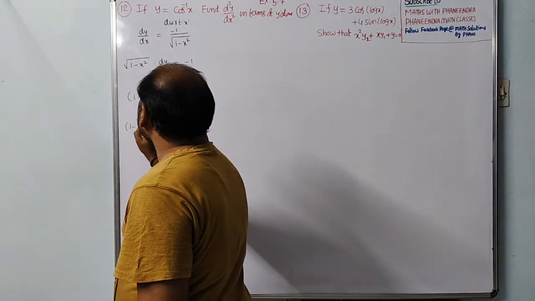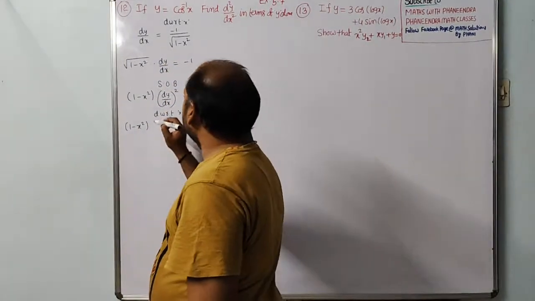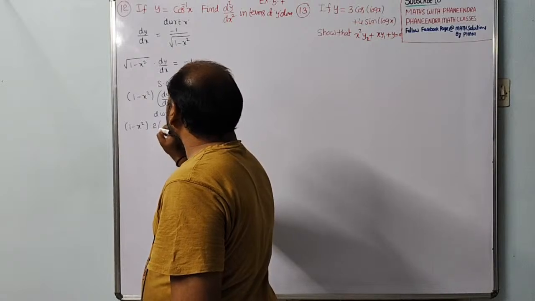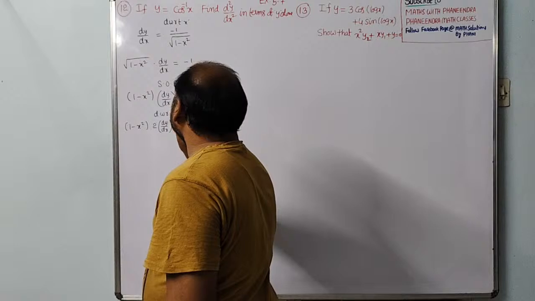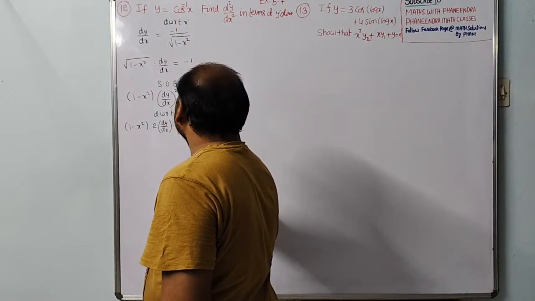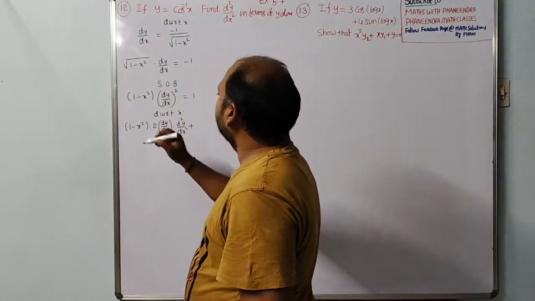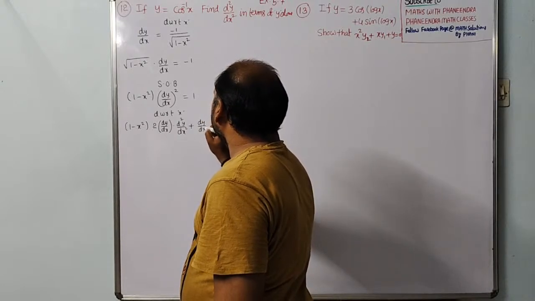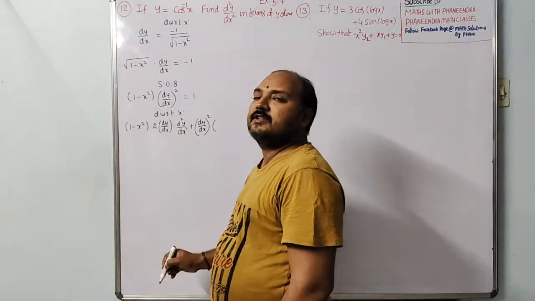So u is 1 minus x square, into the x power n formula, dy by dx whole square into dy by dx. So 2 into dy by dx, again dy by dx, if you do that, you will get d square y by dx square. Plus v into, what is v? dy by dx whole square into d by dx of 1 minus x square.